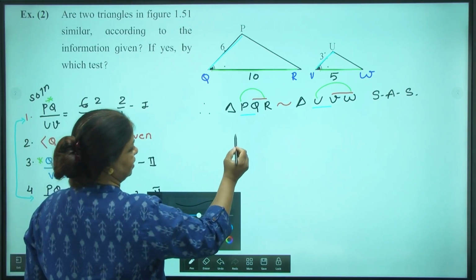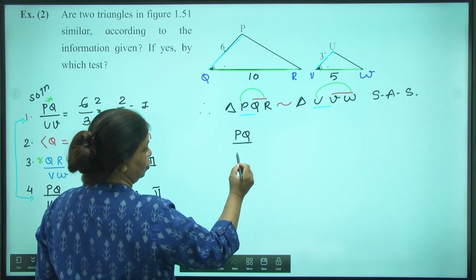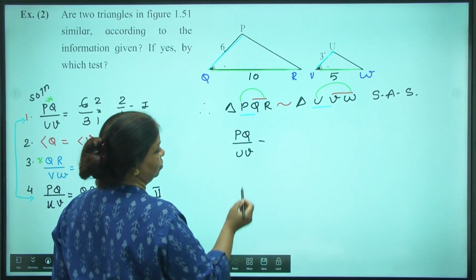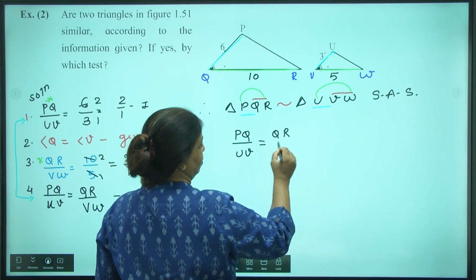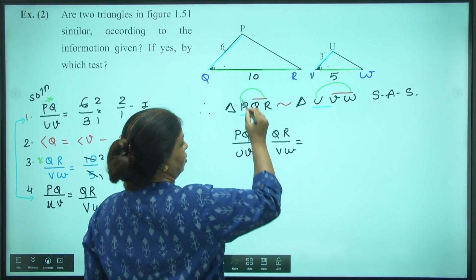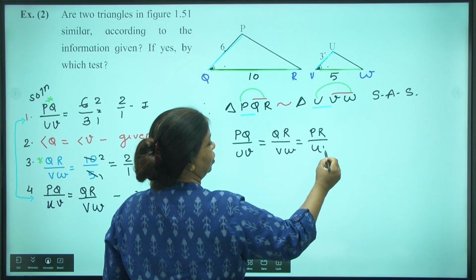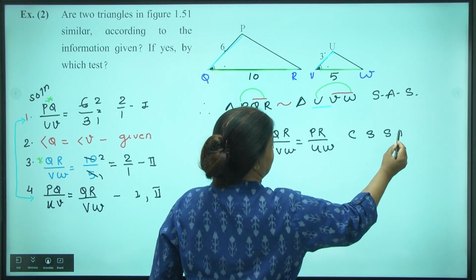So let's take PQ upon UV, I underline it blue, which is equal to QR upon VW, which is equal to PR upon UW, corresponding sides of similar triangles.